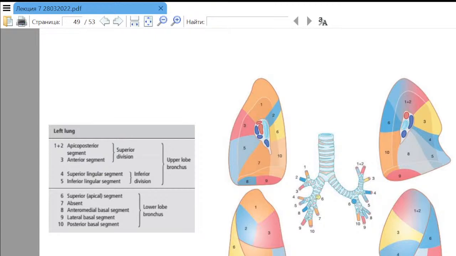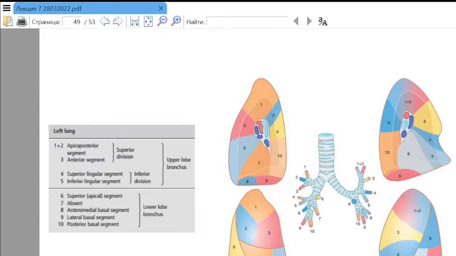So 3 segments. Then bronchus lingualis superior, the superior segment.